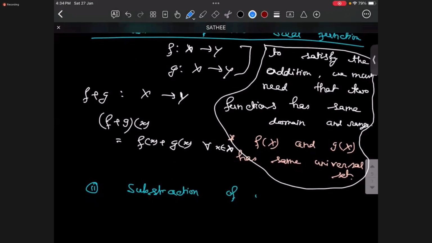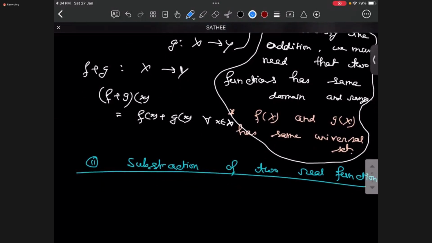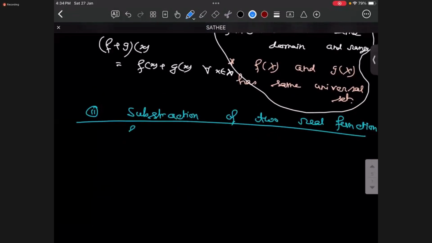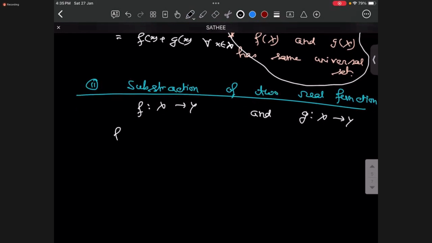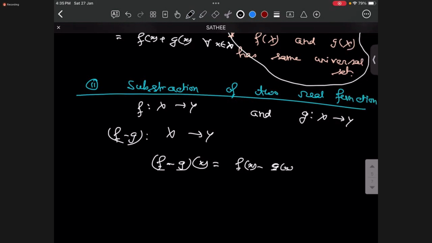Subtraction of two real functions: again we have two functions, f from X to Y and g from X to Y, and f minus g is another function from X to Y defined by (f minus g)(x) equals f(x) minus g(x) for all x belonging to capital X.